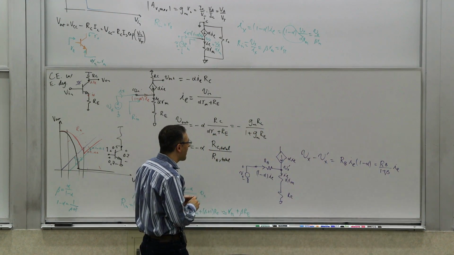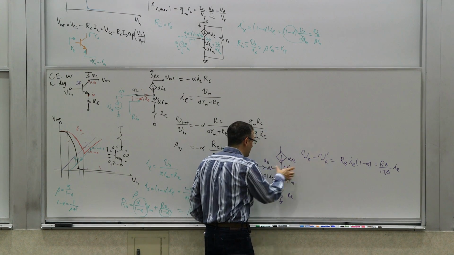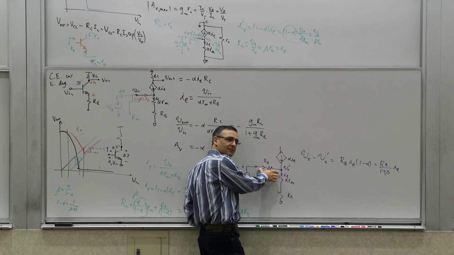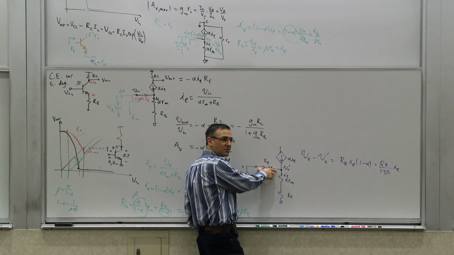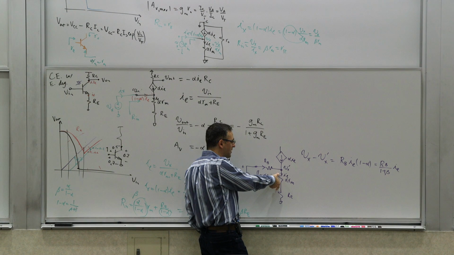So Vx minus Vx prime is the voltage drop across this resistor, right? If I want to have the same voltage drop across this resistor, but put it in the emitter, could I do that?